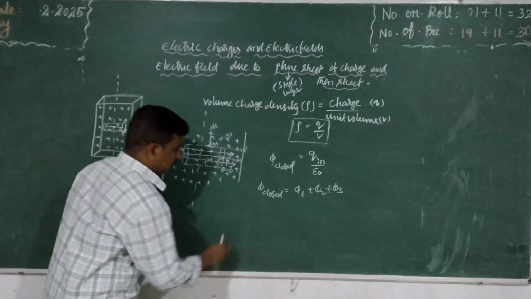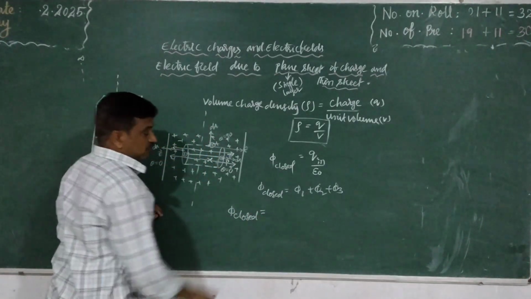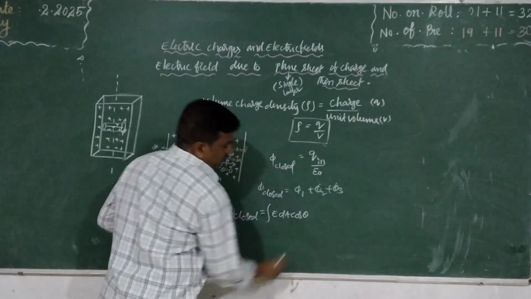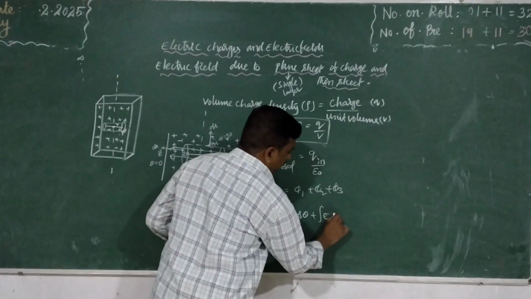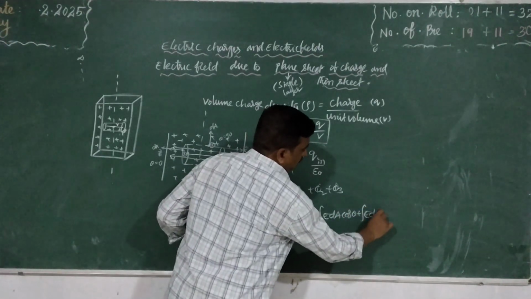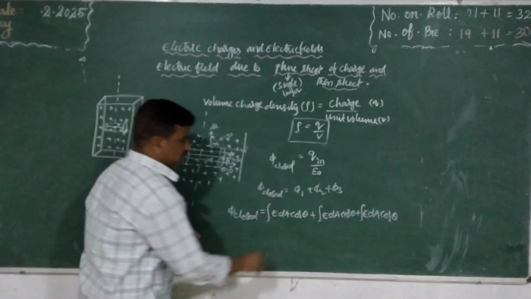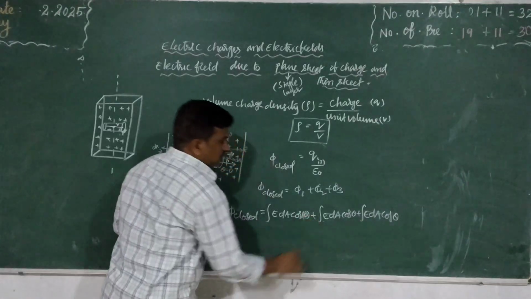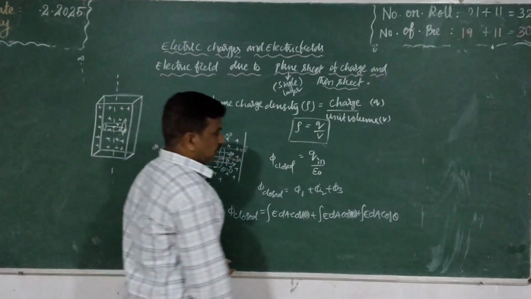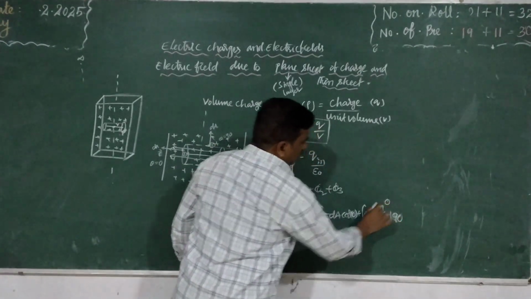Phi 1 is the integral of E dA cos theta, the second is also the integral of E dA cos theta, and the third is the same. For the first and second surfaces theta is 0, and for the third surface theta is 90, so cos 90 is 0. That is why the third term is 0.